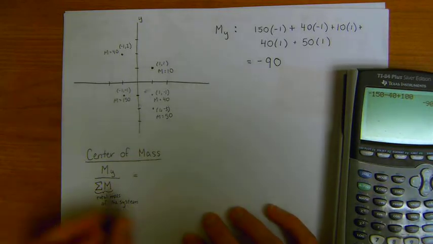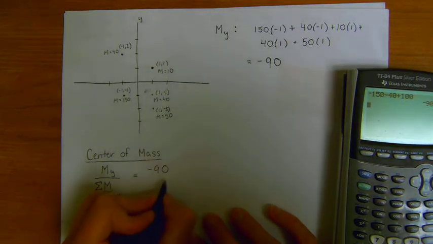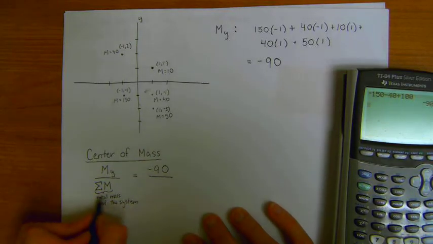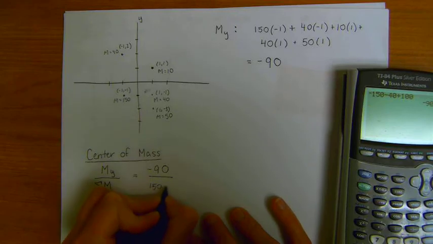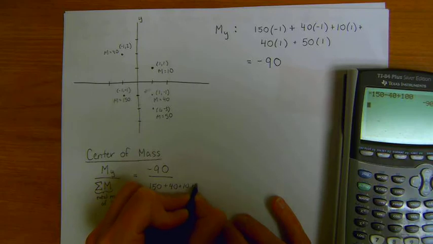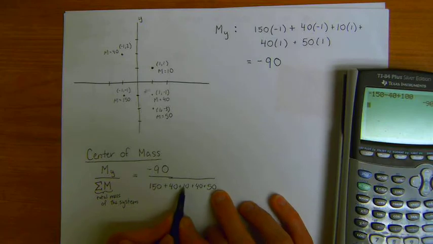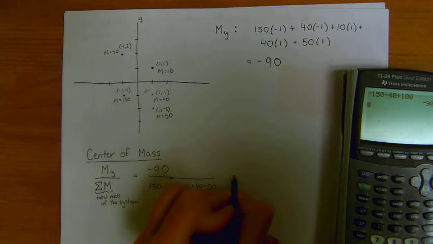And in this case, our m sub y we found was -90. And our total mass of the system in this case is the sum of each of the masses of the individual objects. 50 plus 40 plus 10 plus 40 plus 50, which is 140 plus 150 is 290.